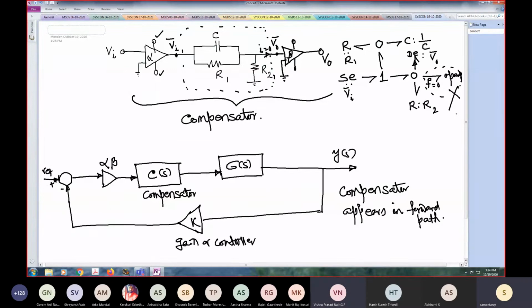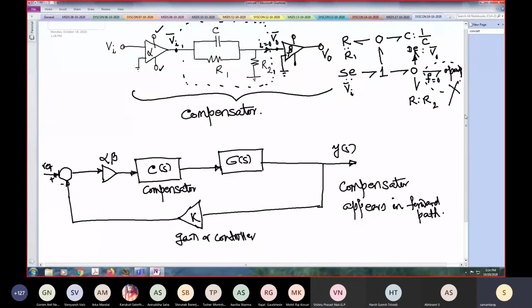Yes, sir. Okay, good. So I will repeat this bond graph model below so that we can draw its signal flow graph.